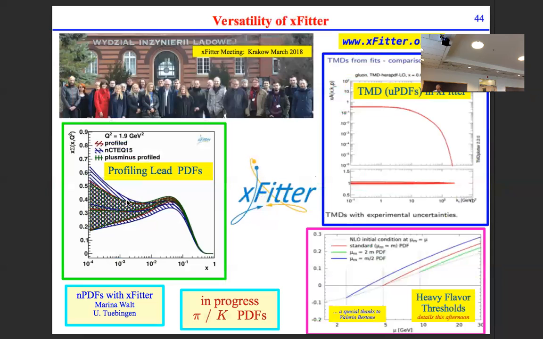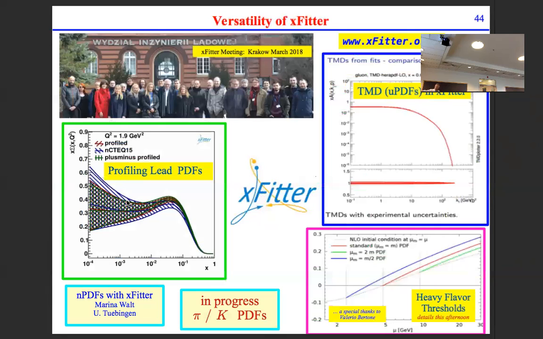This is a fairly new addition, and Valerio Bertone did that. Although it cannot do multiple nuclei at once, it can do protons, and it can also do a single nucleus. If I put in lead data and ask it to do profiling, it can say how much this data will shift the PDF, so we can use it like that.